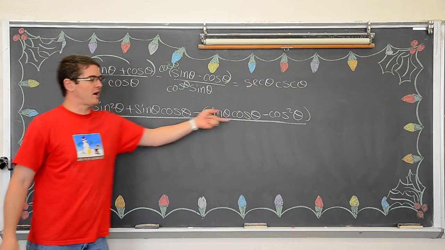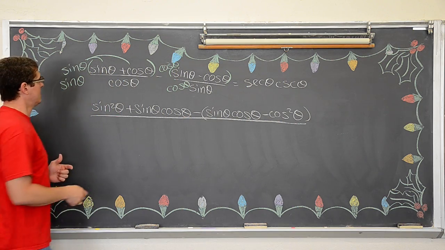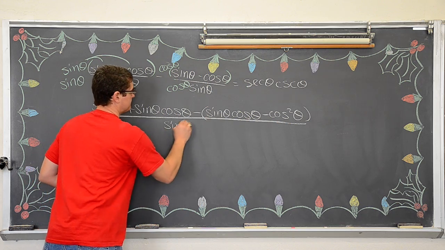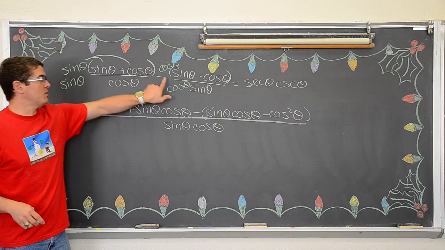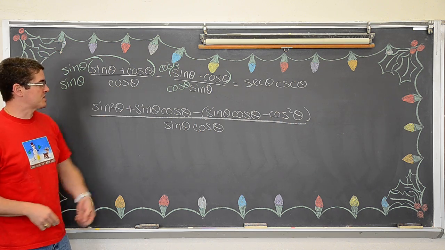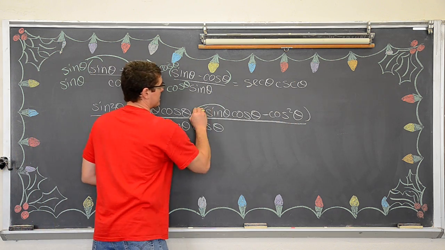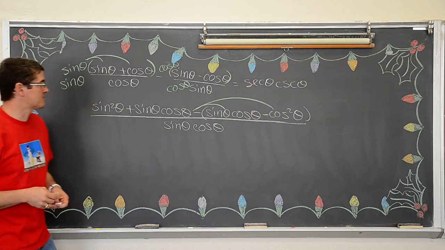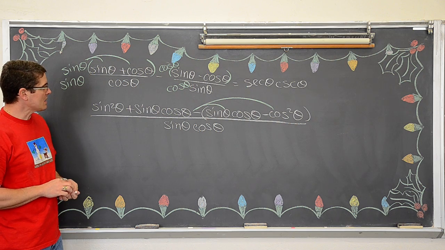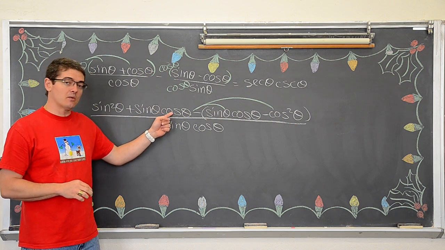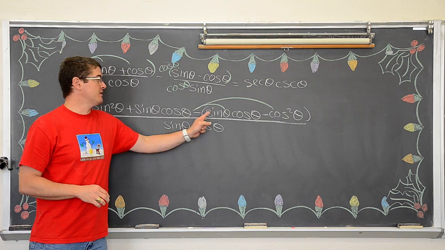And I'm just going to write one big fraction because I've set up my common denominator. So sine theta cosine theta. Now, see, that minus sign was what was originally between the two fractions, and that minus sign has to get distributed through the parentheses. And when you do that, what's going to happen? Well, we're going to get sine cosine, which is positive, and negative sine cosine.